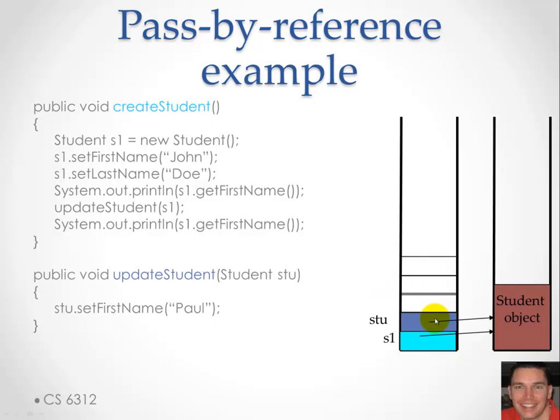So the benefit and the reason that we have objects be stored on the heap and use reference variables for them is that we're going to save memory on our stack. It's going to save time also, as it's expensive to copy values over onto our stack.